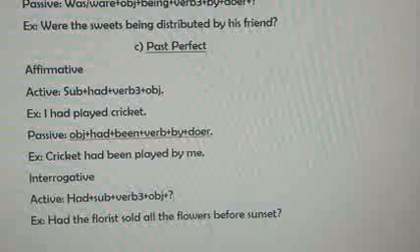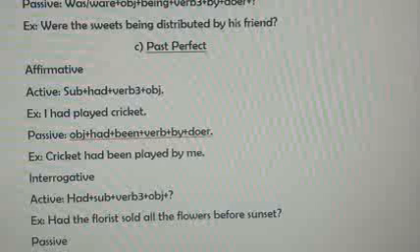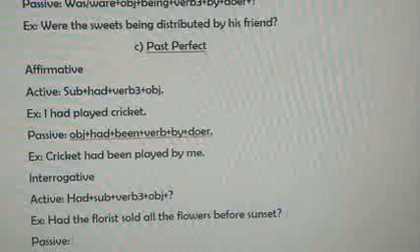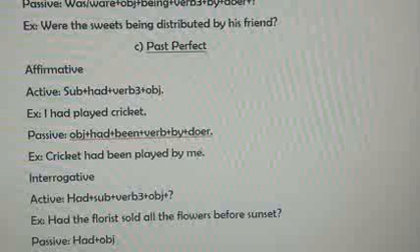Now let me write its passive structure, then I will convert it. Its passive structure: the same auxiliary verb will come first and will join the object in the passive group.